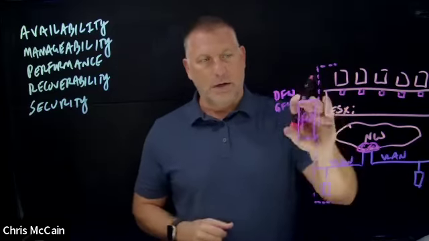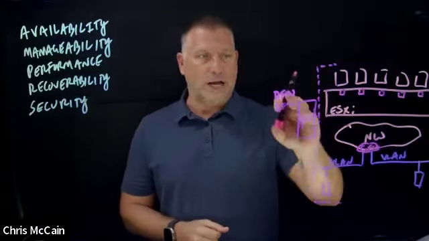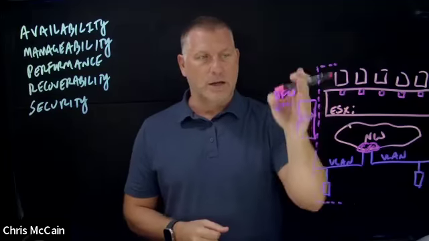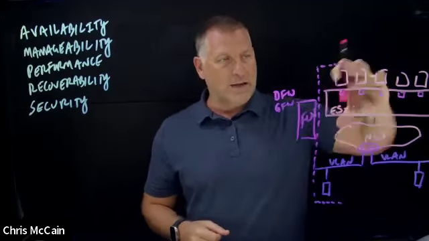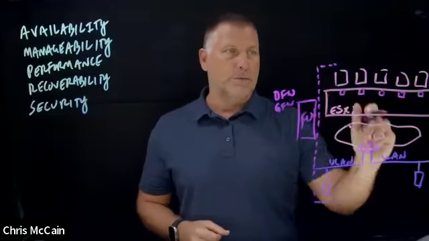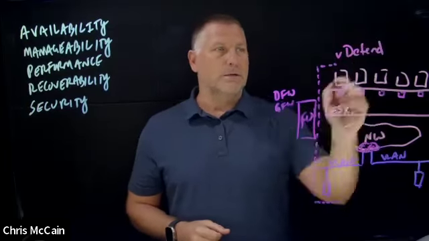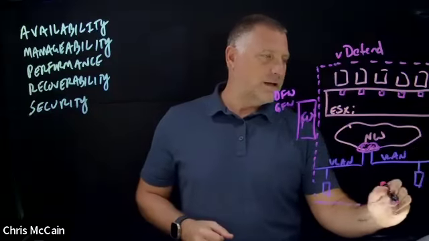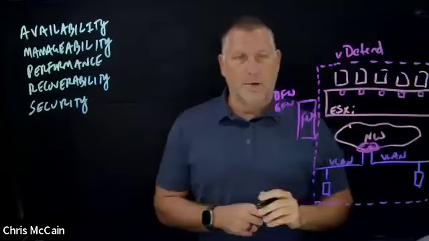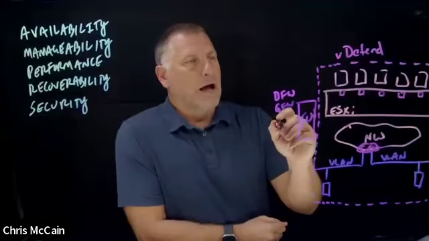So your traditional Palo or Cisco or Checkpoint, whatever firewall you're using, would still be here to protect ingress and egress. And then within that private cloud environment, we would have the vDefend portfolio that's protecting everything inside of here. So we have a really strong security story to be able to protect those things.